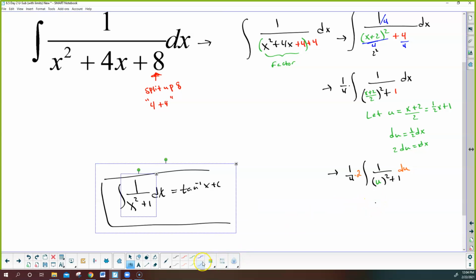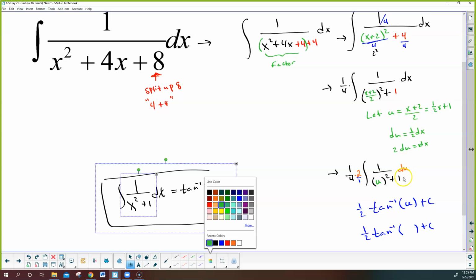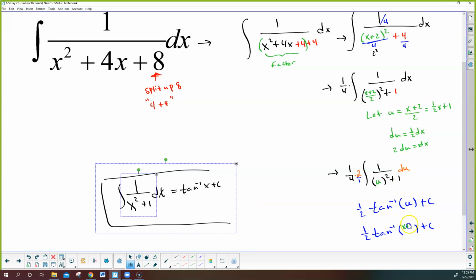So then my answer, maybe I'll do that in blue, is tangent inverse of u plus c. And then out front, I just have a 2 times 1/4 or 1/2. And the very last step is just to rewrite this with the u. And we usually write the original u value instead of the algebraic manipulated one, but it doesn't really matter.